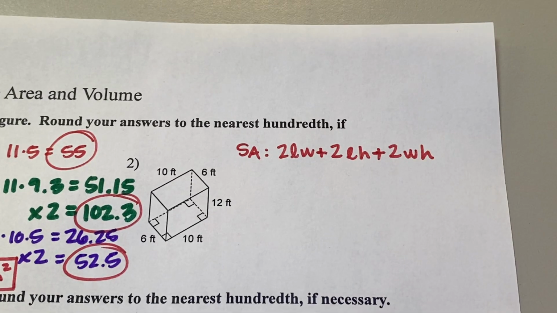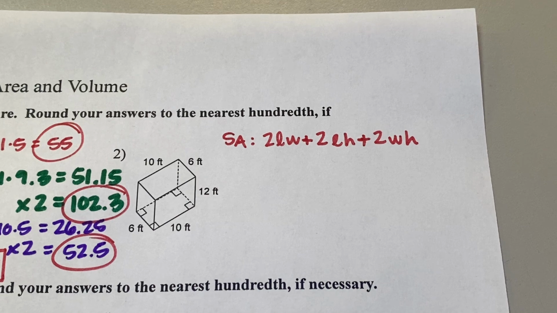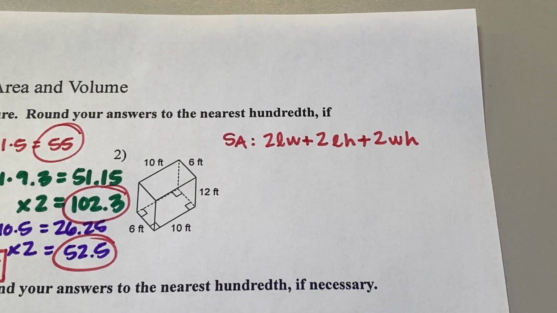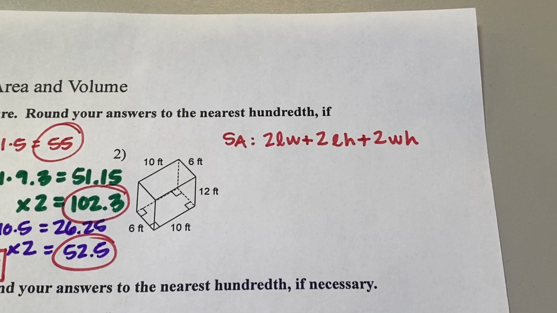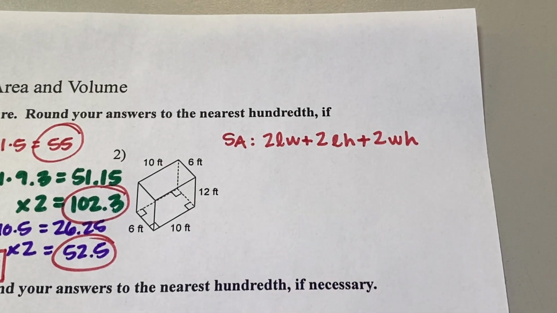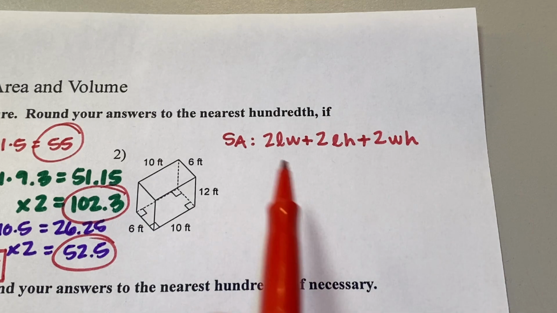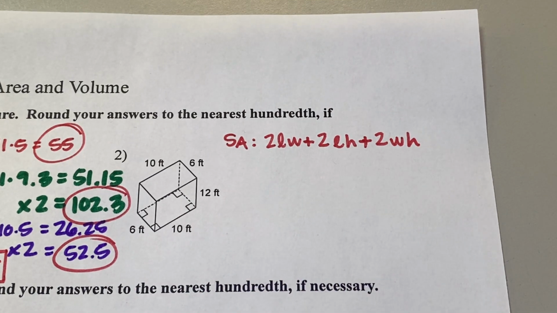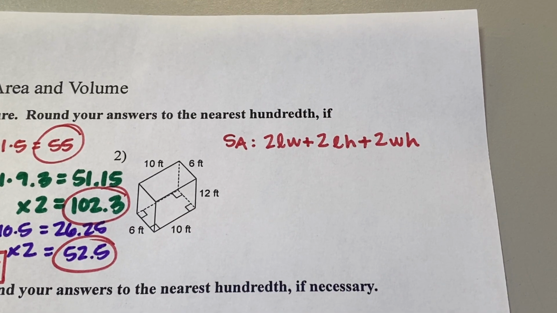Width times height. Okay, so when you get this rectangular prism, which is what we call the box shape, on your assignment and on your test, it's giving you this formula. And instead of finding all the areas and adding them up like we've been doing, you could literally just plug the values into this formula and then punch it in your calculator and solve.